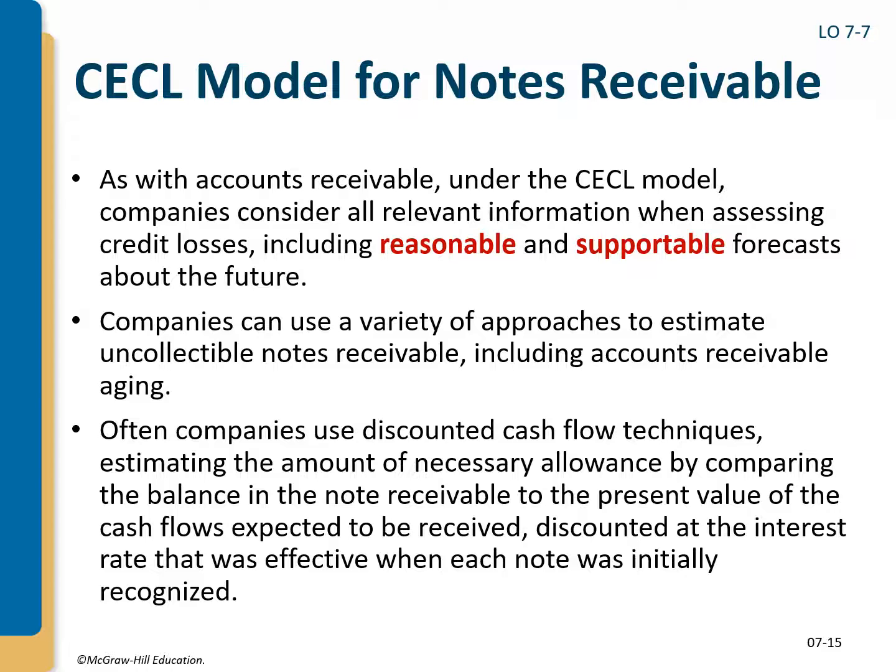But it's just like saying, here's what we expect to get over the next few years. 10,000 next year, 20,000 of it the following year, 15,000 at the end of year 3. We'll determine what the values are today of those 3 payments you expect. And the difference between that and the note is the loss, if it's less than your note. So there's all different ways of determining this loss.